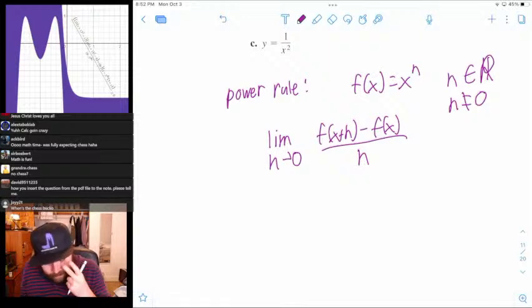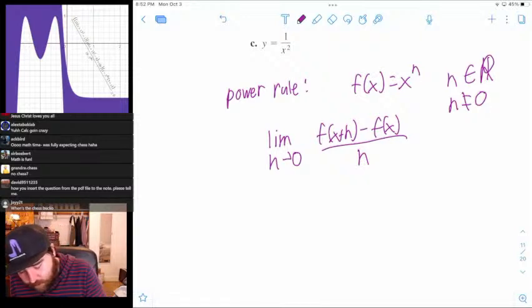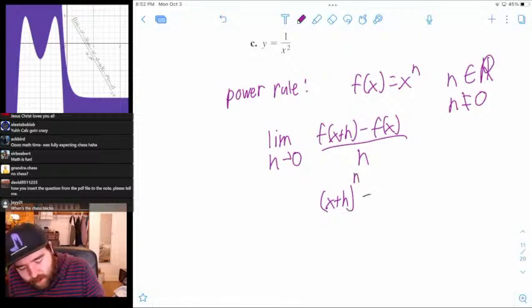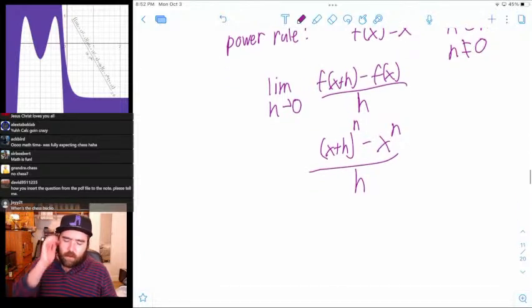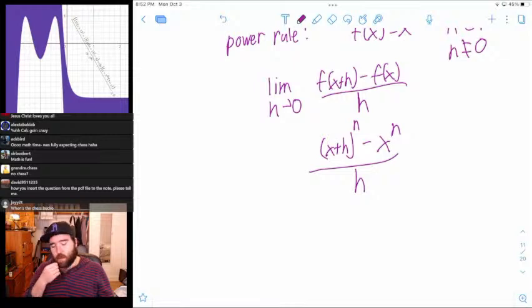I don't see how this is going to necessarily prove it for other stuff. But let's see. So we have x plus h to the n minus x to the n over h. And make sure that looks like an h and not an n.